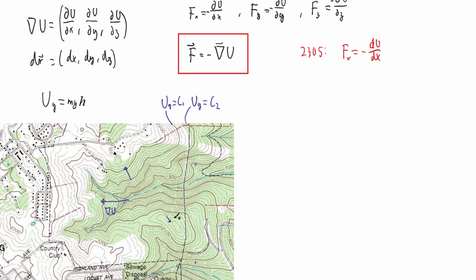So this is the gradient of U. What this formula says is that the force is in the opposite direction of the gradient, so that along these slopes the force of gravity is downward, which is what you'd expect.